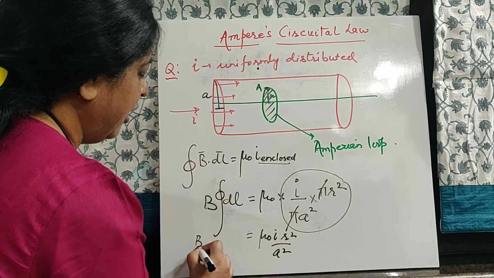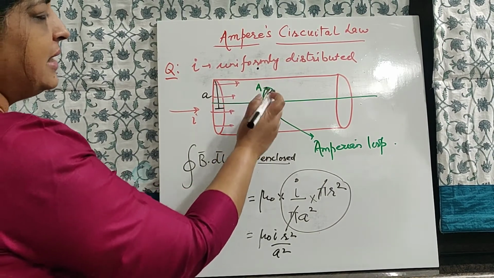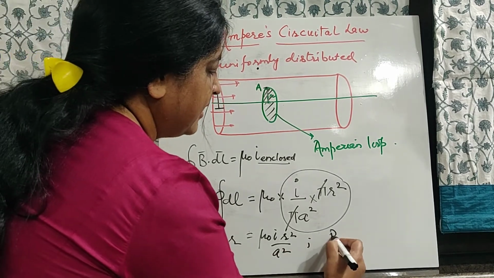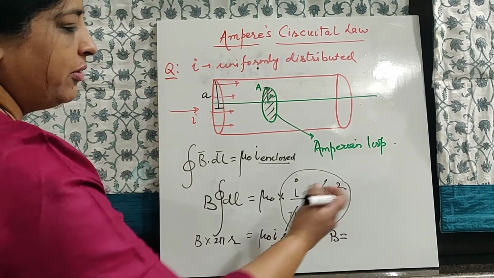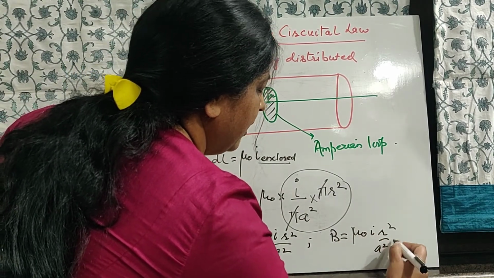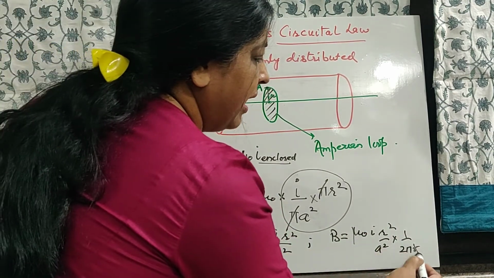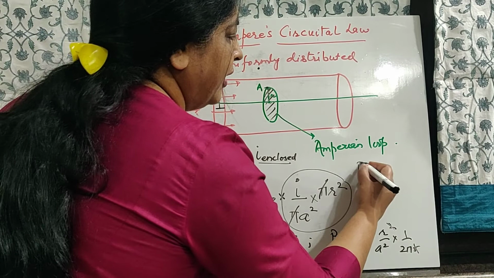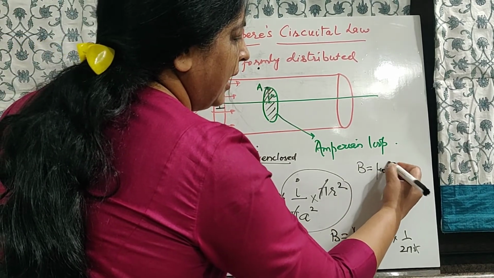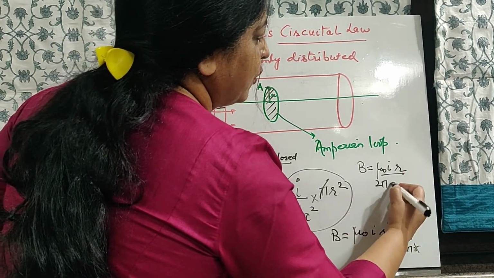So this is B times closed integral of dl, and closed integral of dl, again the circumference, will be 2 pi R. So B times 2 pi R is equal to, taking on the right hand side, mu naught I R square upon A square. So B is mu naught I R square upon A square into 1 upon 2 pi R. Now again one R cancels with this R, and I am writing down the expression for B here. Magnetic field B is equal to mu naught I R divided by 2 pi A square.